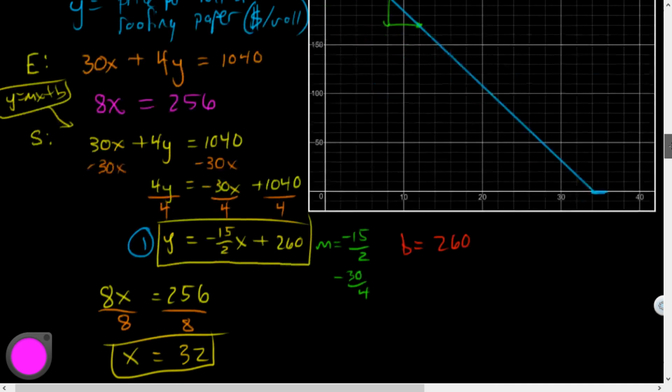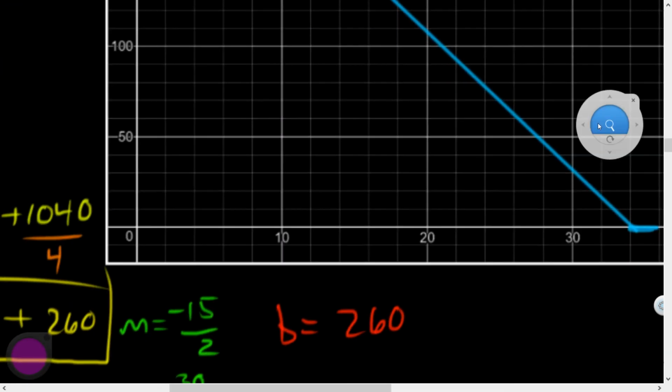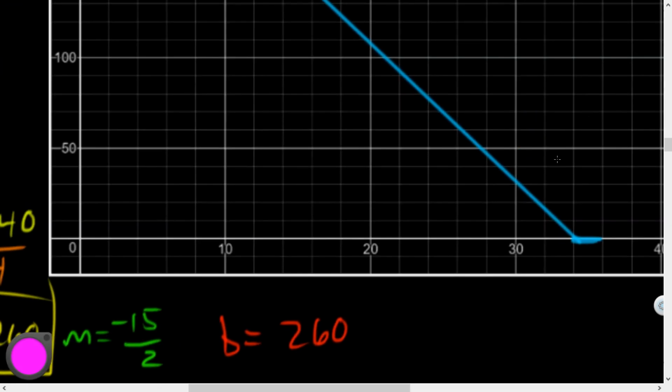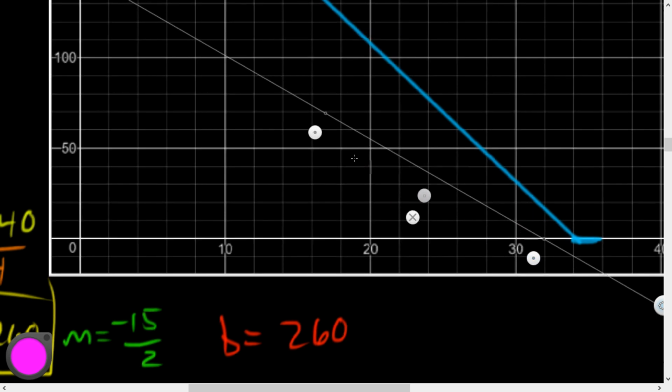Does anyone know how to graph x equals 32? Is that horizontal or vertical? It's vertical. I'm going to find 32 on the x-axis. Are they ever going to intersect?